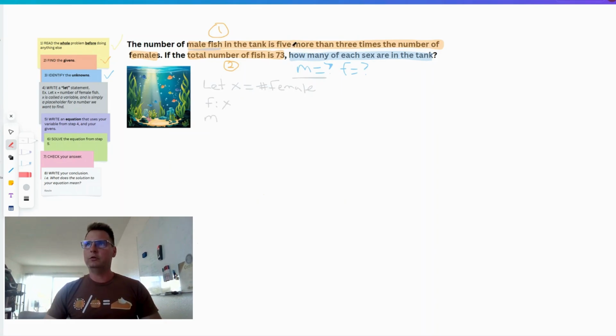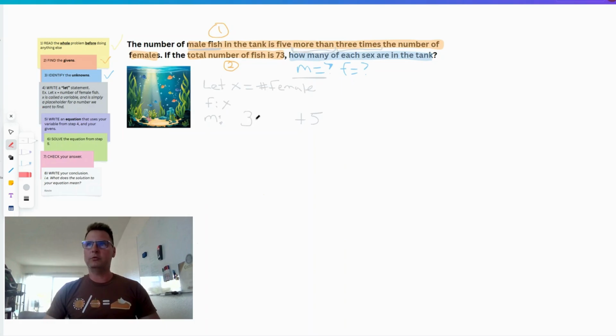So does anyone remember more than? So males are going to be 5 more than. And what other keywords do we have here? More than 3 times. 3 times, that's pretty easy, right? 3 times the number of females. But what is the number of females? It's just x, right?